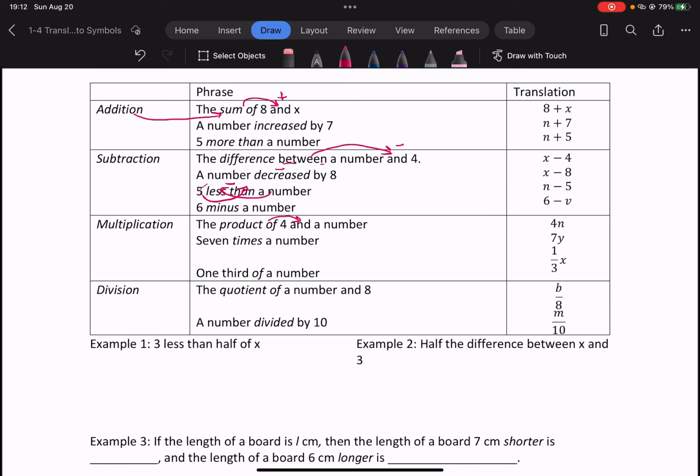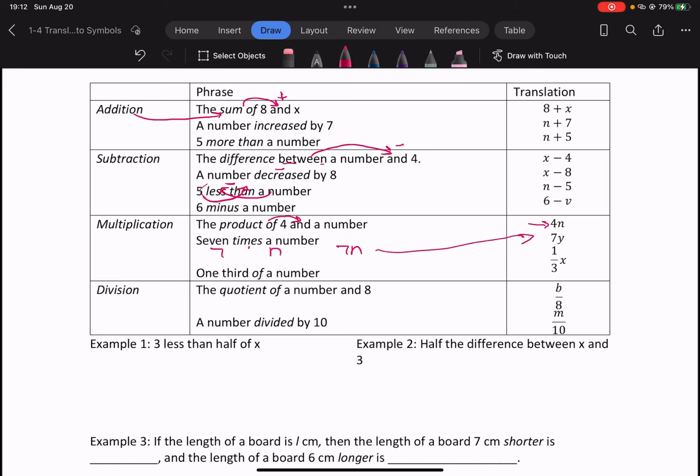For "4 and n," the 4 goes before the times. And anytime you're doing multiplication with just a number and a letter, you just put the number and the letter together. So 7 times a number, there's your times symbol, ends up being 7n. I've got 7y here, same thing. Then "1/3 of."